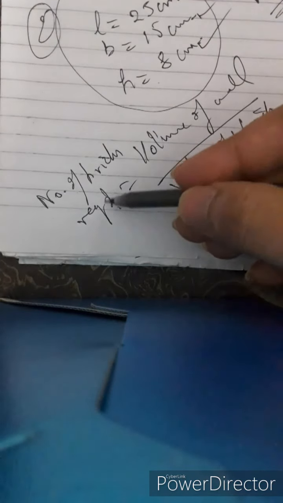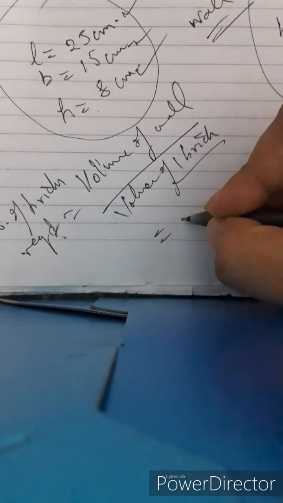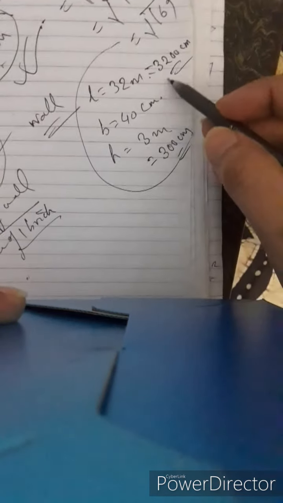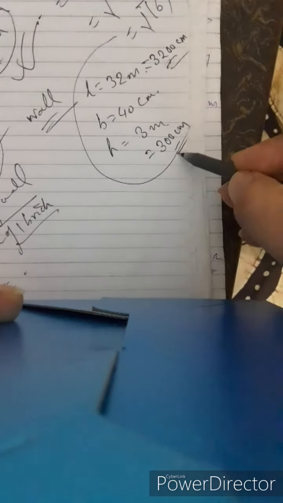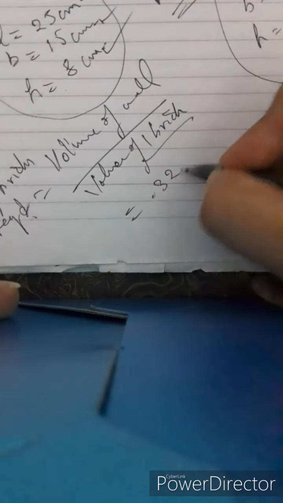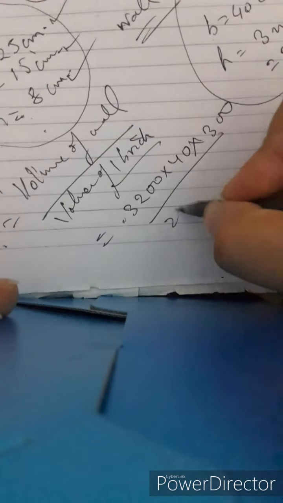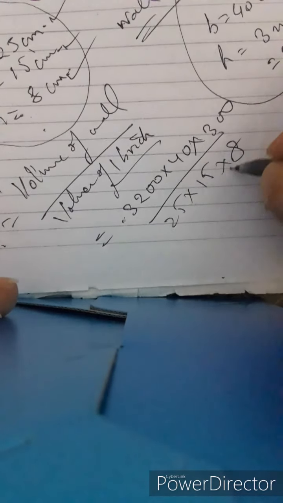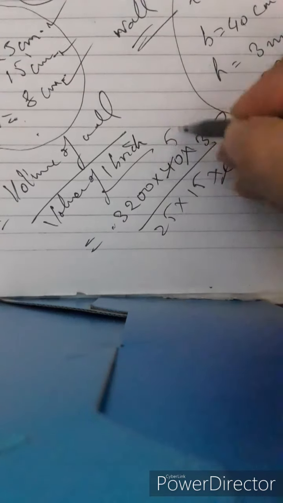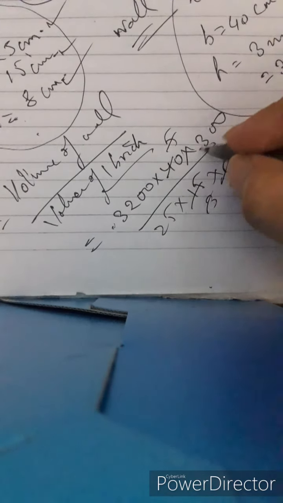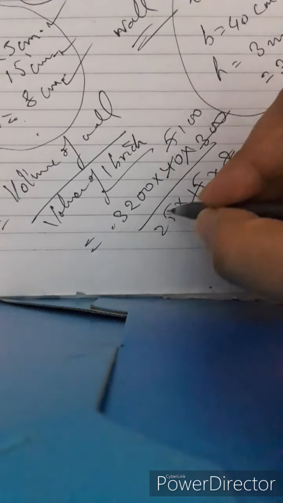So volume of the wall becomes 3200 into 40 into 300, and the volume of one brick is 25 into 15 into 8. 8 5s are 40, 5 3s are 15, 300, 25 4s are 100.